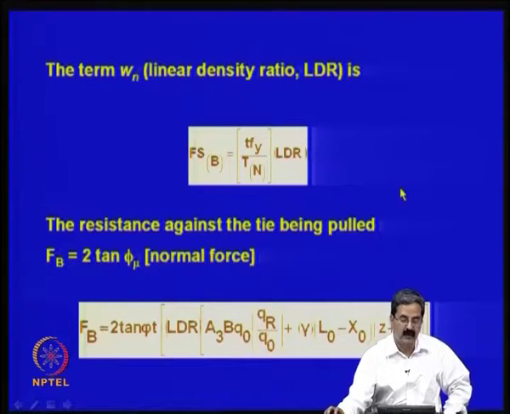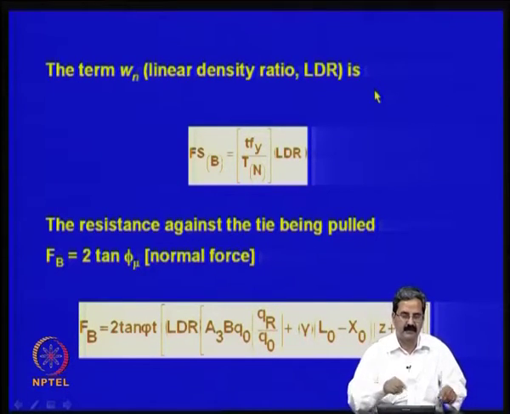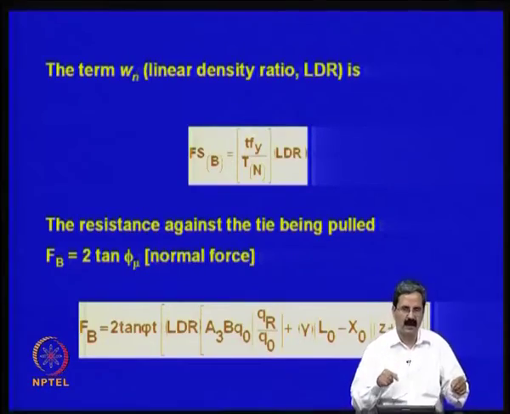Now, sometimes what we do is that linear density ratio is another term. For example, the other day I was showing you a photo in which you have reinforcements at different places. Say for 1 meter they have some 10 or 15 members. Like if you take a wire mesh which is available, it also has some gaps in between.